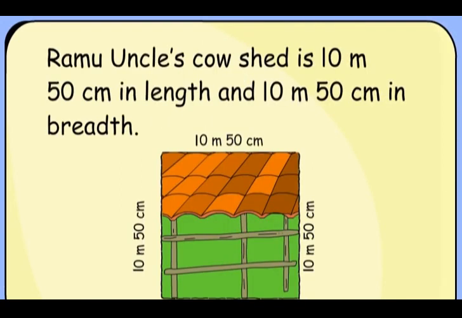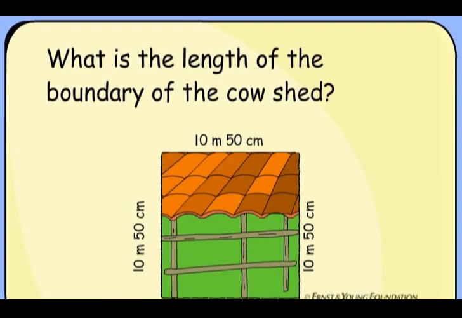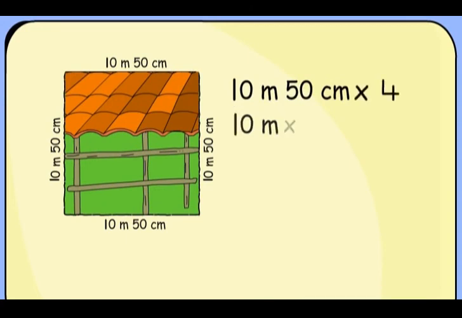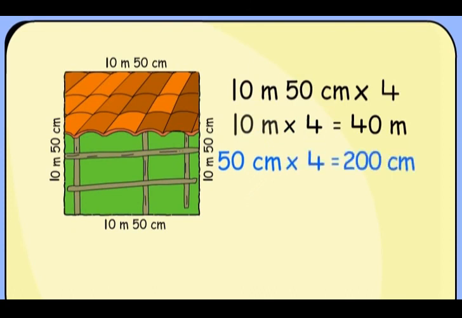Ramu uncle's cow shed is 10 meters 50 centimeters in length and 10 meters 50 centimeters in breadth. What is the length of the boundary of the cow shed? 10 meters 50 centimeters into 4. 10 meters into 4 is equal to 40 meters. 50 centimeters into 4 is equal to 200 centimeters.